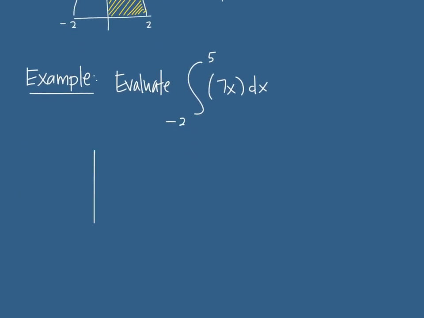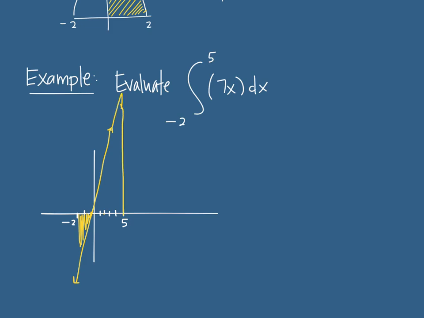So 7x is an oblique line with slope 7, going from -2 to 5. So -2, 1, 2, 3, 4, 5. And so I'm going to have a triangular piece up to the origin, and then a larger triangular piece on the other side.